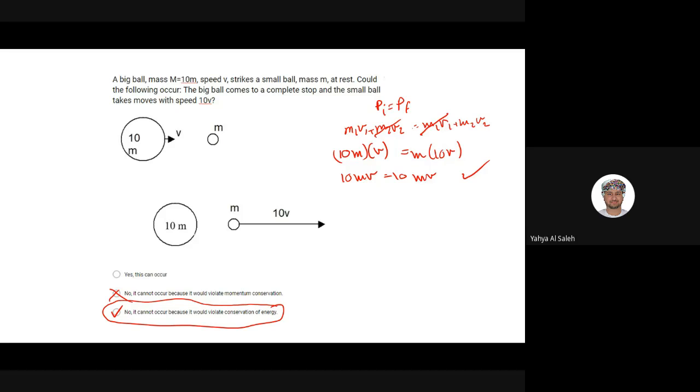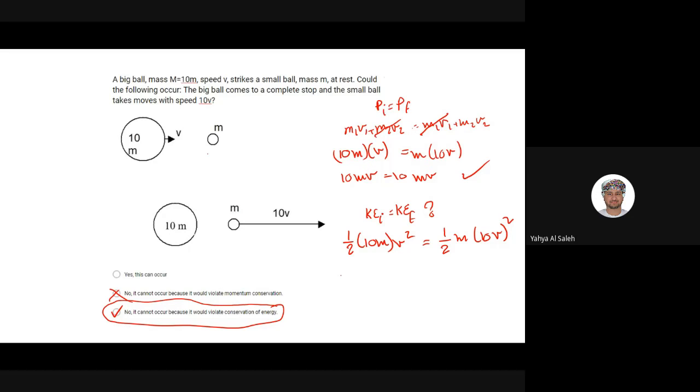Let's check energy. Kinetic energy initial equals kinetic energy final. Initially, we have half 10m v squared, right? At the end, we will have half m, but the velocity is now 10v, squared.